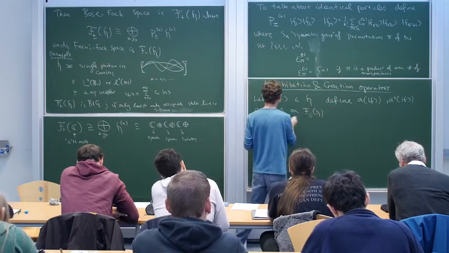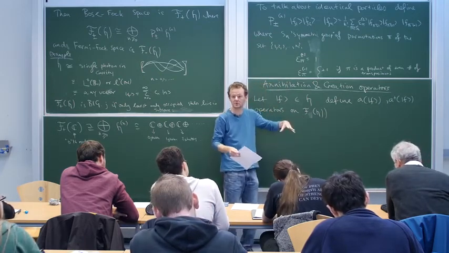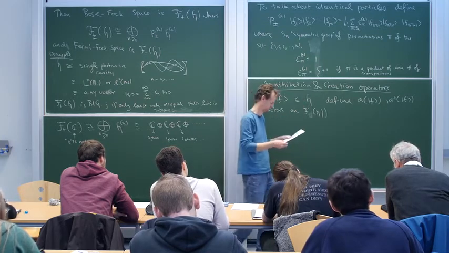Oops, just f of h. We're back to indefinite Fock space. So whenever I don't have a plus minus here, you've got to remember that that's this indefinite Fock space.